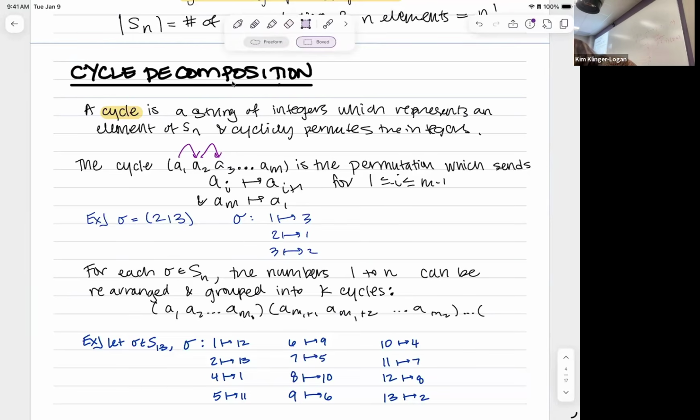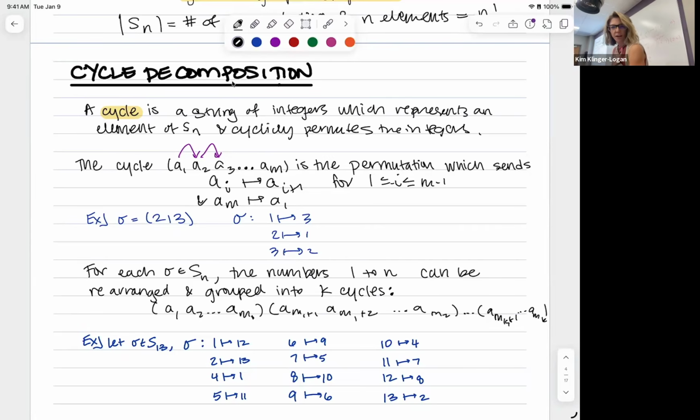Here we go. I'm going to write this. Cool. Just kind of verbalizing what's happening with this example here.